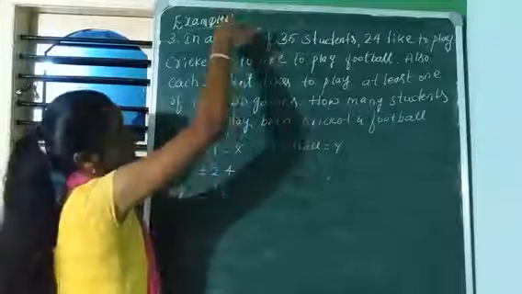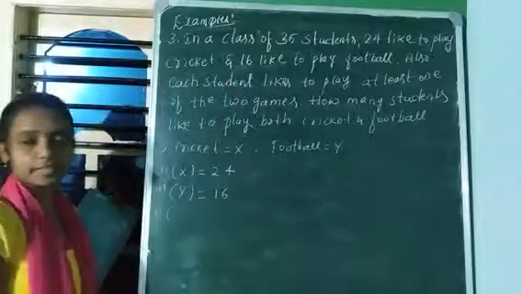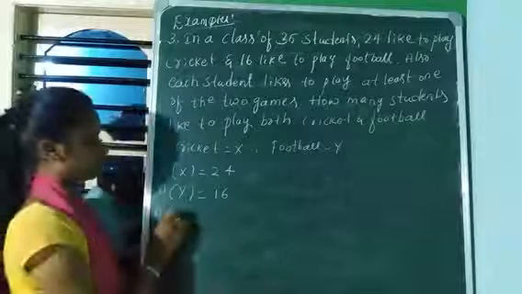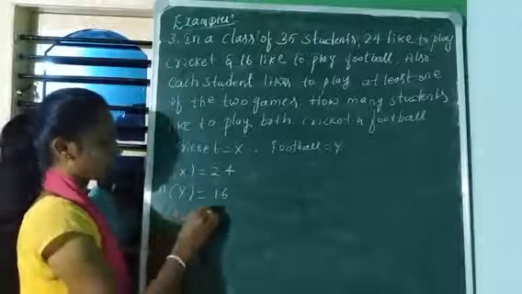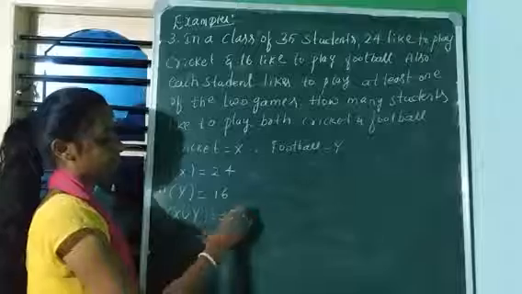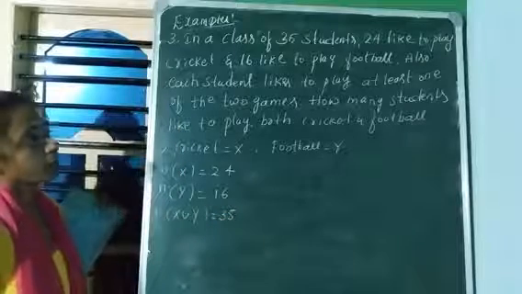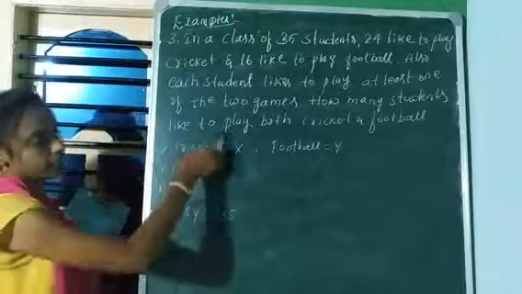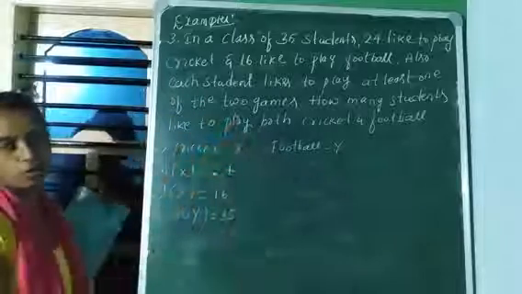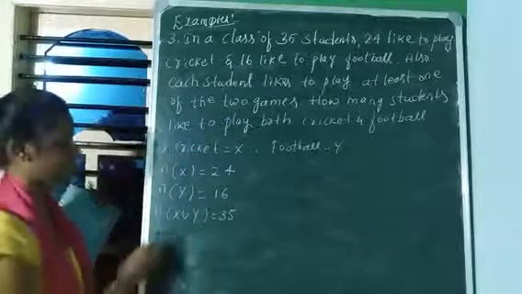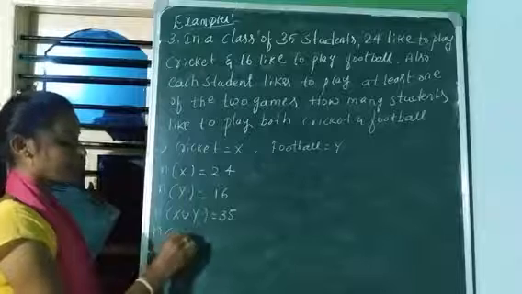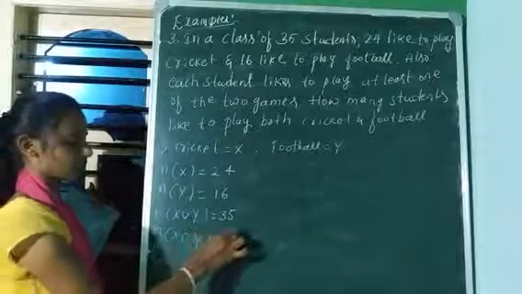In that school there is a class of 35 students. That means you need to take the union. So n of X union Y is nothing but 35. Now the question is, how many students like to play both cricket and football? Both is nothing but you need to find the intersection of this.